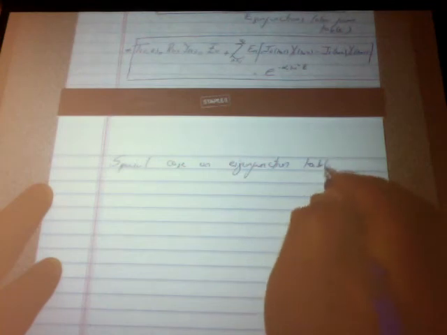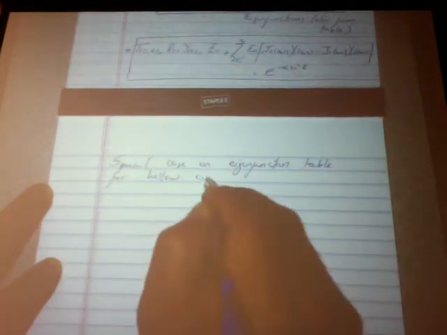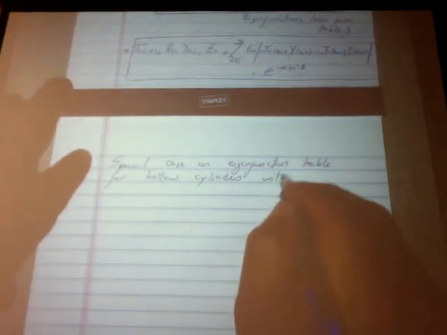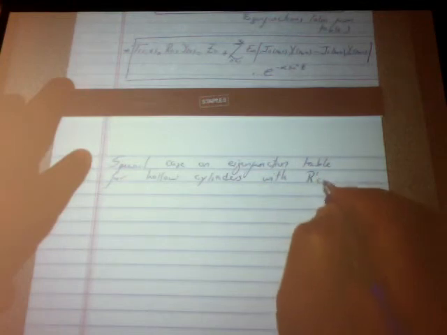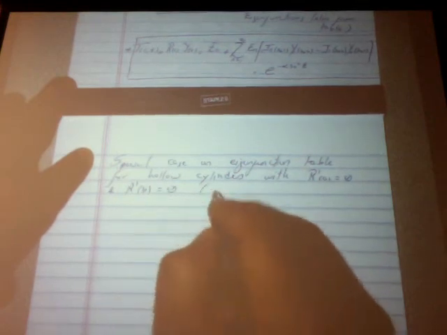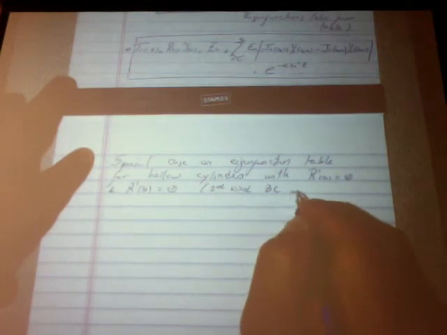So, special case on eigenfunction table for hollow cylinders with R prime of A equals 0 and R prime of B equals 0. Second kind BC on both sides.